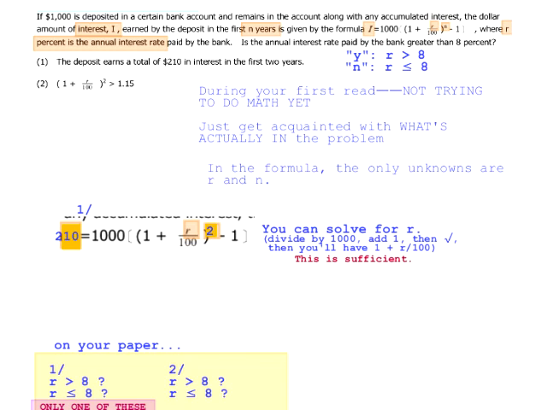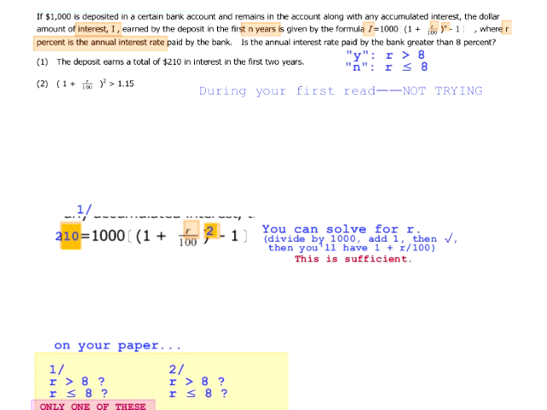Okay. Now, statement 2. So you can't really solve this because there's no way, unless you want to take the square root of 1.15 in your head. Well, maybe. Let me move this stuff upward.